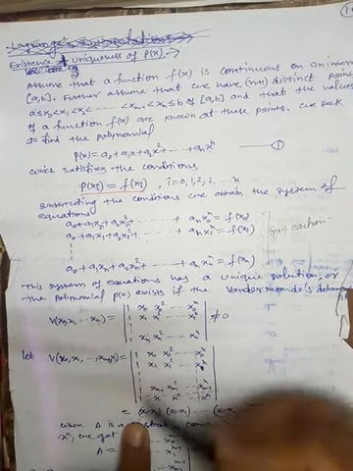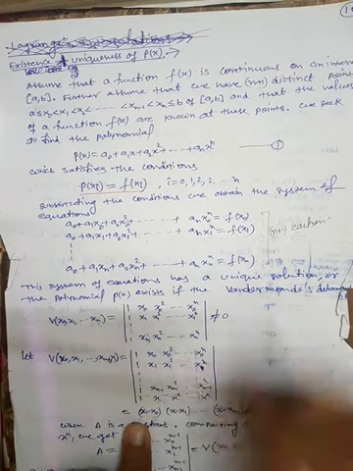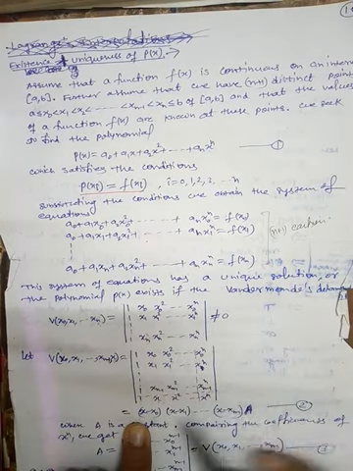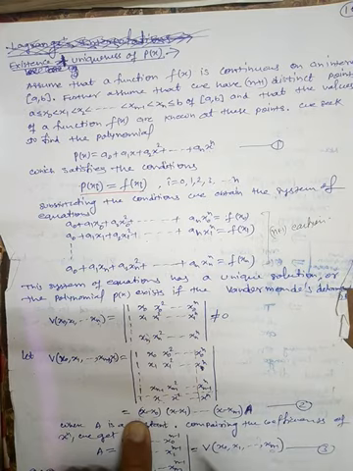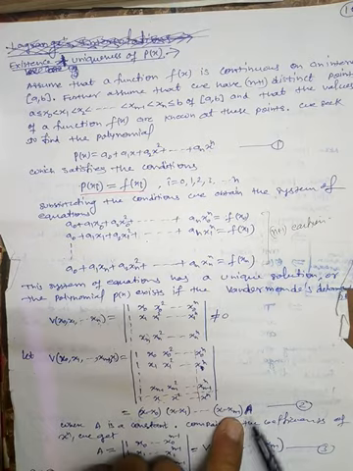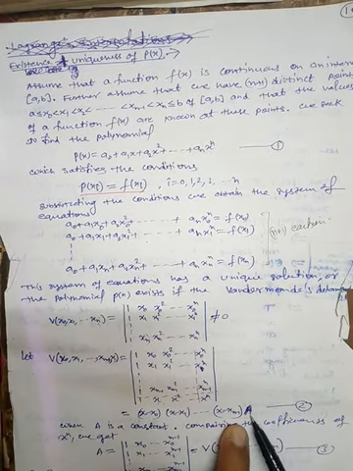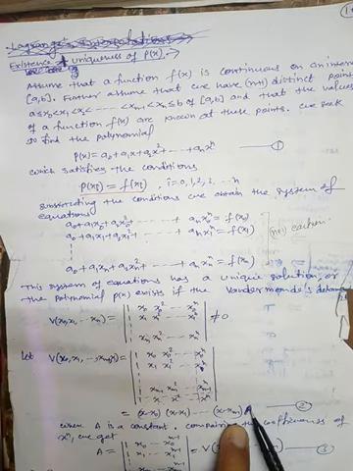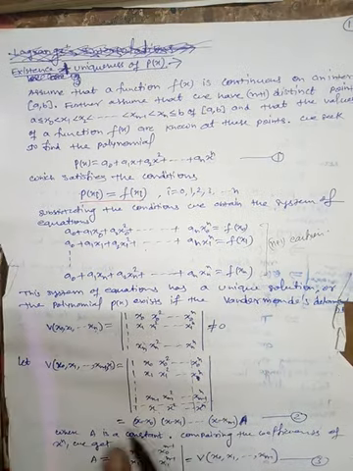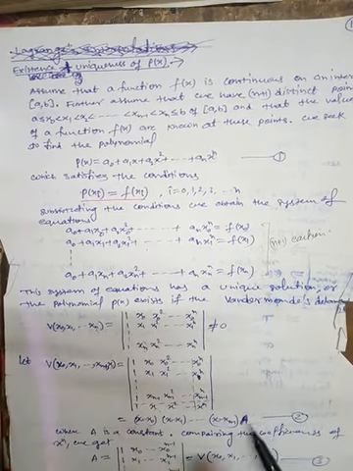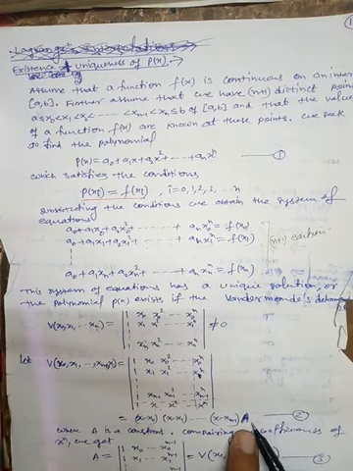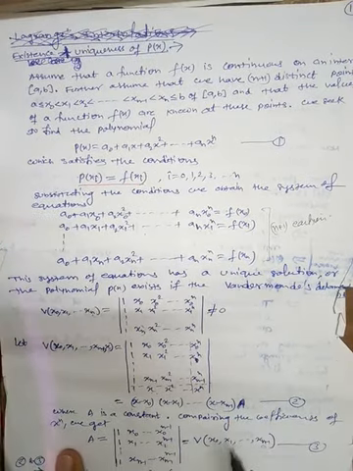So finally, when you simplify this type of determinant, we have (x minus x naught)(x minus x1)...(x minus xn minus 1) multiplied by some constant a, which is to be determined. So when you simplify this determinant, we will get these factors multiplied by a certain constant a, where a is a constant.